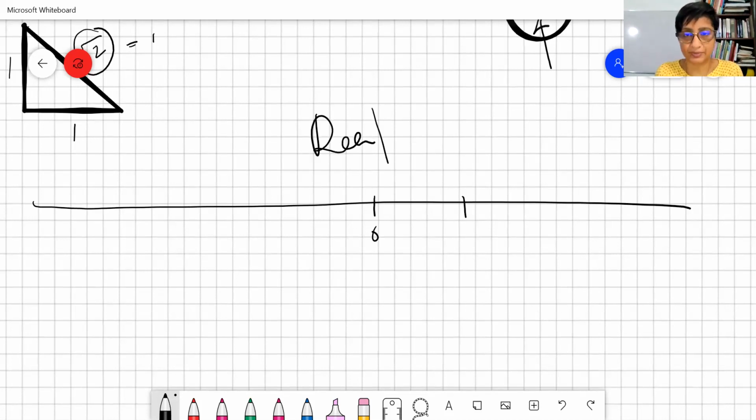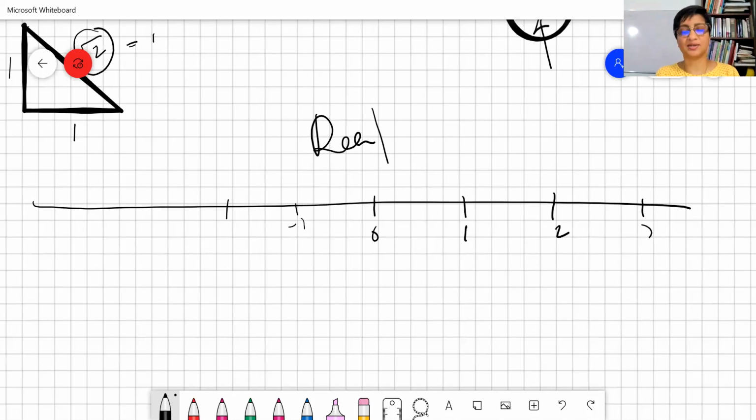So when you say real numbers, it's all of these numbers: the natural numbers, 1, 2, 3, whole numbers, 0, 1, 2, 3, negative numbers, -1, -2, -3, integers, that is all the negative and positive whole numbers, and then fractions, and then irrationals.